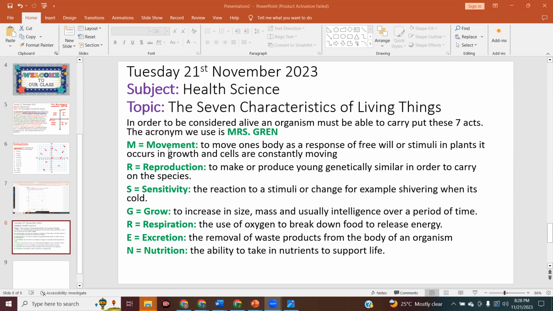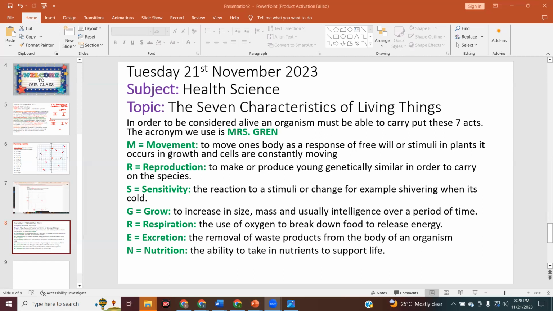M equals movement, which is when a person or any organism moves from one place to the other. R equals reproduction, to make a young breed from sexual reproduction.